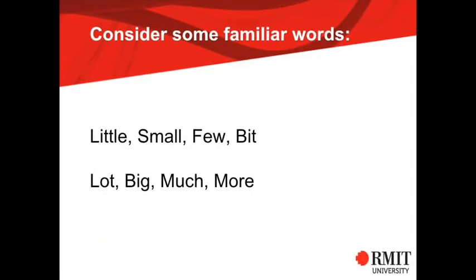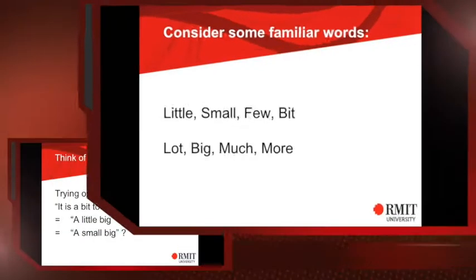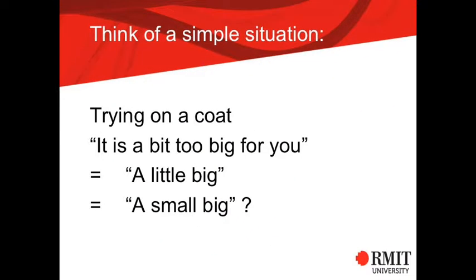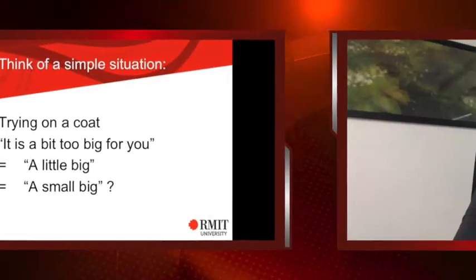Very often, when someone is learning something in a language that is unfamiliar to them, their natural tendency is to translate in their head. This code switching, as it is called, can produce a number of problems. For example, consider some familiar words such as little, small, few, bit. Say someone is trying on a coat, and then someone says, it's a bit too big for your head. They may translate it to a little big.